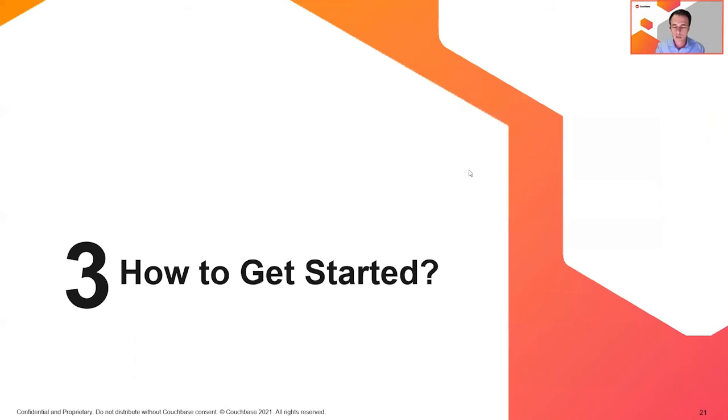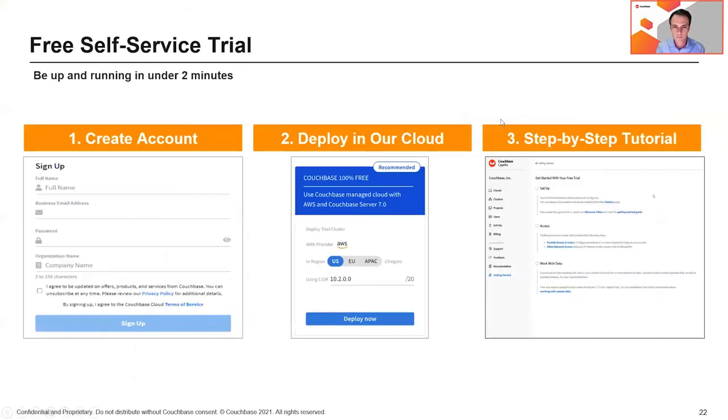Okay, so how to get started? The first thing I recommend in terms of getting started is starting the free trial. You've probably heard in Scott's keynote the mention of our free self-service trial available today. Go to the couchbase.com website, click on free trial, and set up an account.